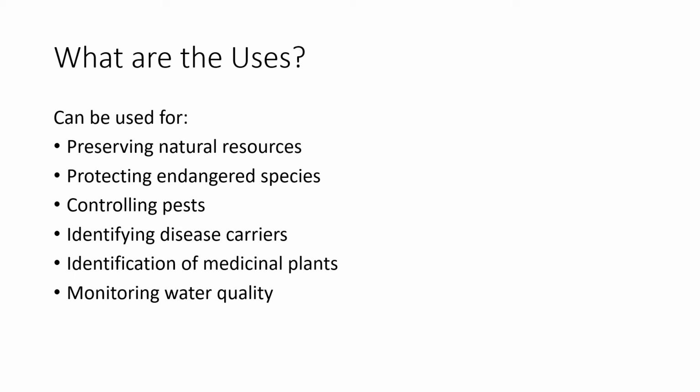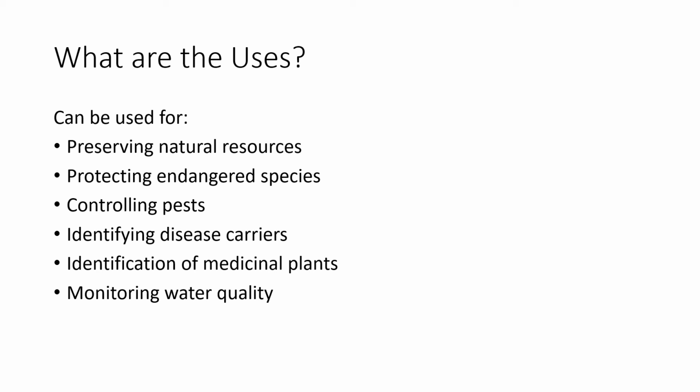So it can be easier to identify these species that otherwise you might not have been able to identify, and you can see why they're there, how they're doing, and how the water quality that they're living in is. So in the real world, DNA barcoding is super useful in species conservation, and it's really nice to have such a quick way to identify so many different species, as long as you have them in the database.